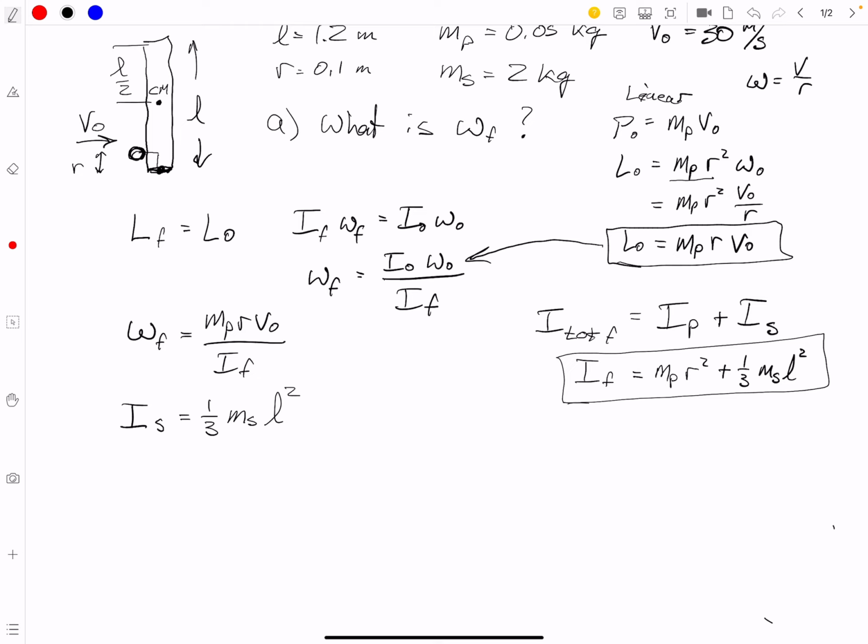So we're going to say omega final is equal to m_p r v naught over m_p r squared plus 1/3 mass stick times L squared.